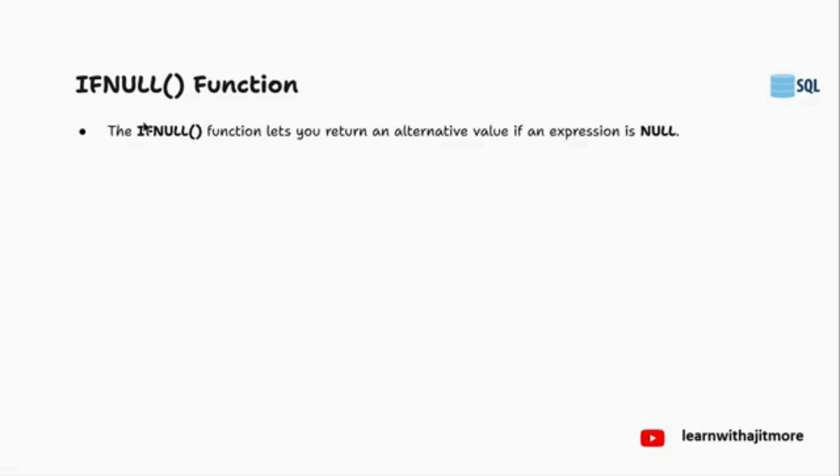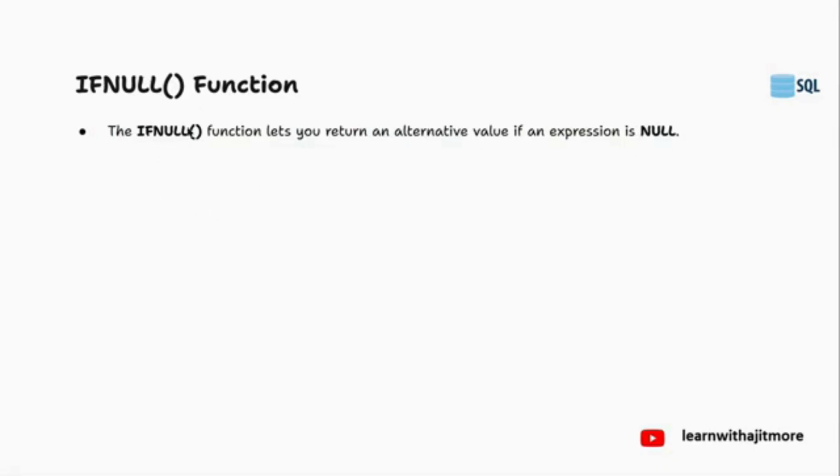If some column you're using in calculation has a null value, then instead of using that null value in the calculation and getting a wrong result, it is better to substitute that null with some other value.